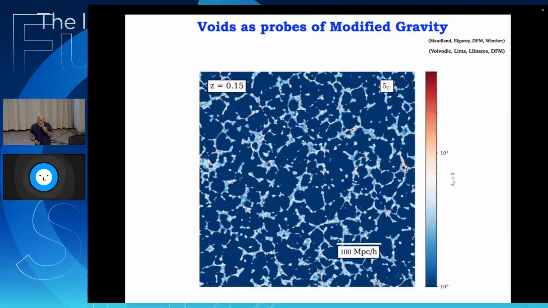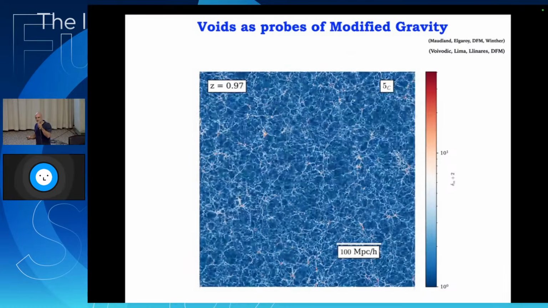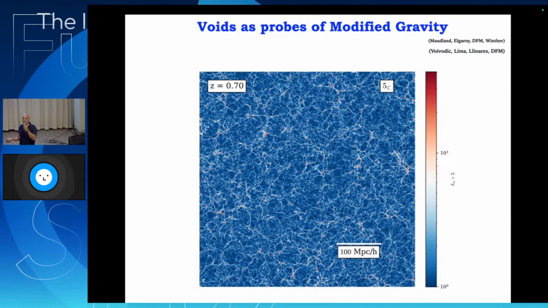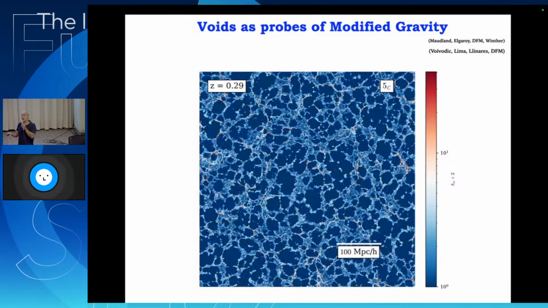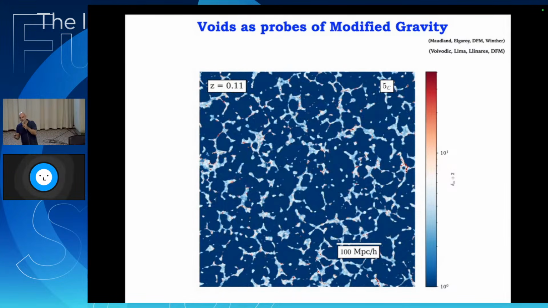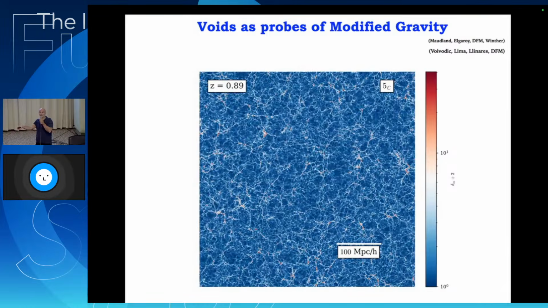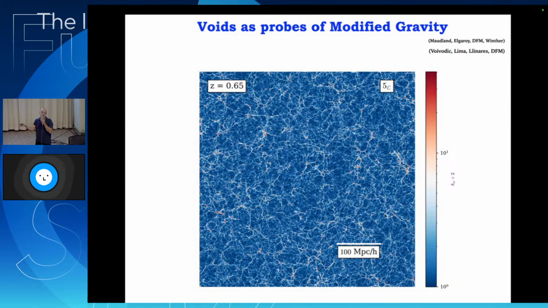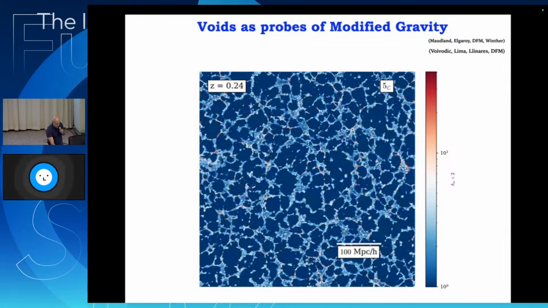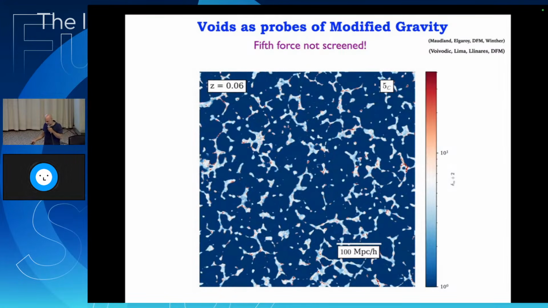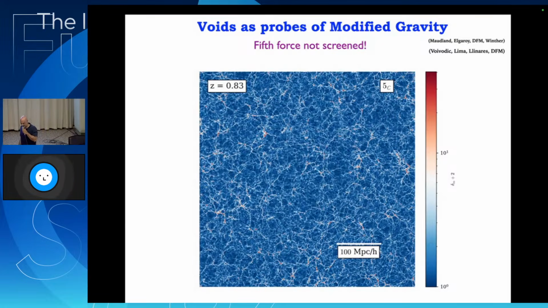And the reason is that the fifth force is screened in overdensities. In voids, it should be very active. So if we can use voids to try to detect this fifth force, that's the most promising place that we have. Okay? So voids are really very promising probes.